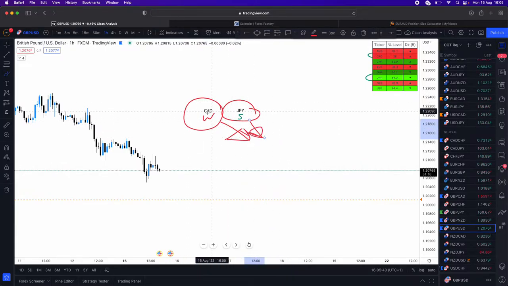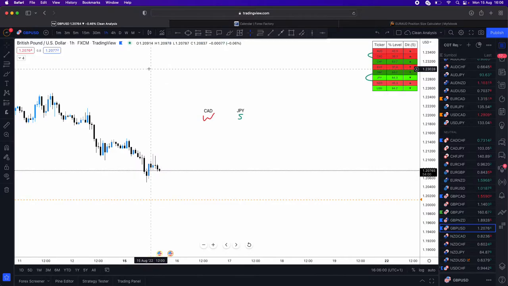If this was the other way around and CAD was stronger and JPY was weaker, then we would be looking at price pushing up. So all you really need to remember is it's whatever comes first in the currency pair drives the direction of that pair.